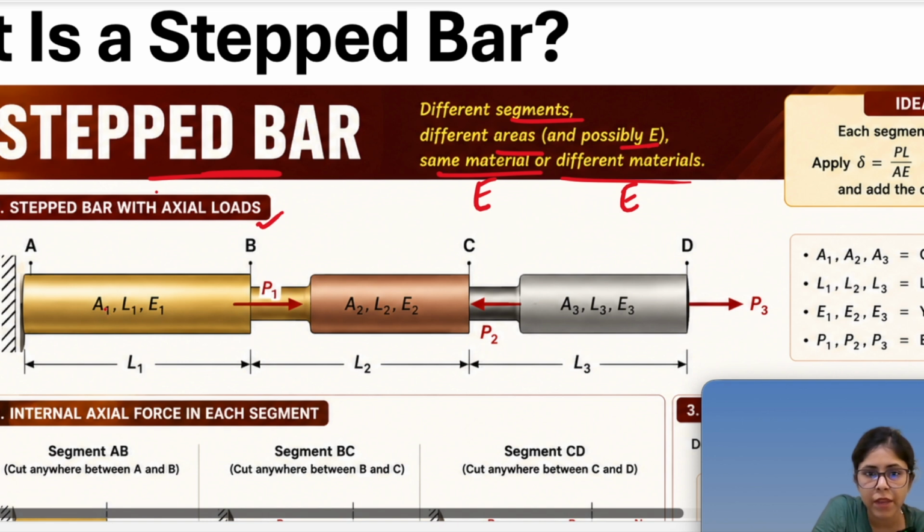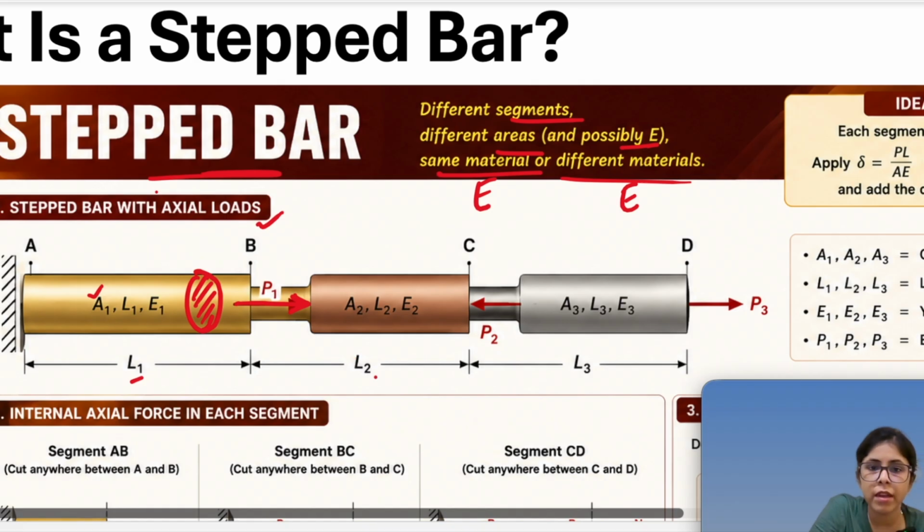For example, we have this first section, which is of length L1, area of cross section A1, and E1 is its modulus of elasticity. That means the modulus of elasticity is also different. This is loaded by a force P1.